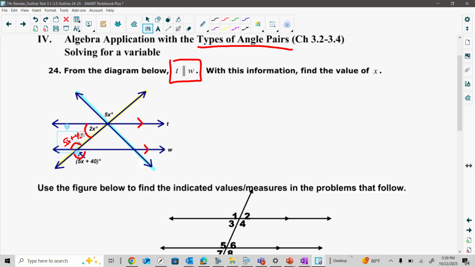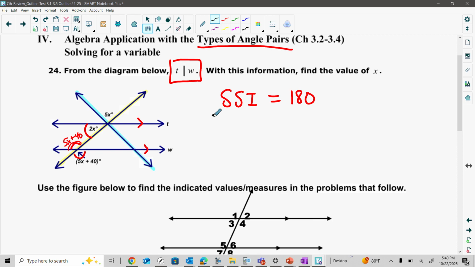And really, excuse this little marking here, this is now showing same side interior. So whenever I have same side interior angles, they are supplementary. They equal 180. So now I can set up an equation here using this 2x and this 5x plus 40.